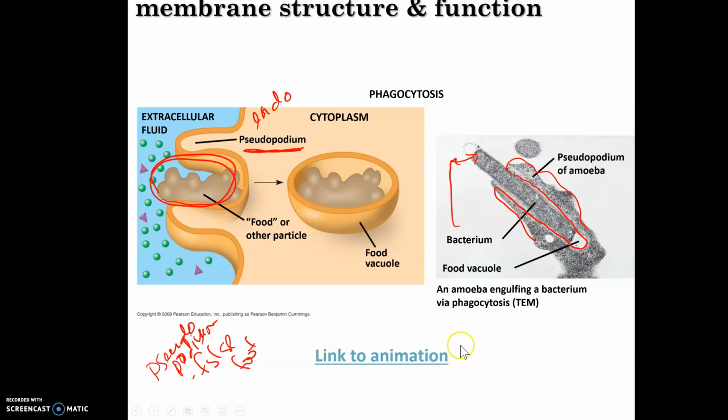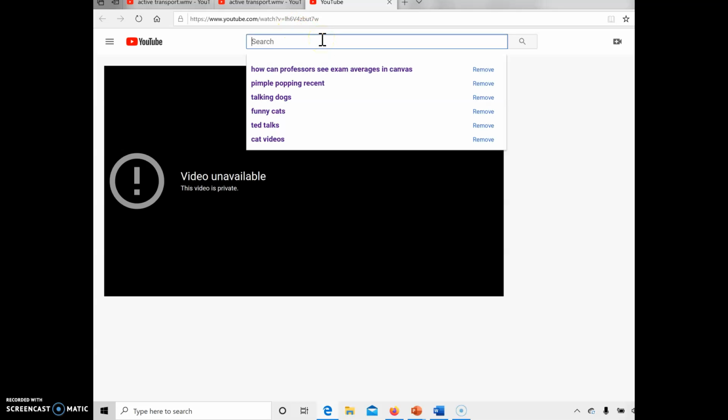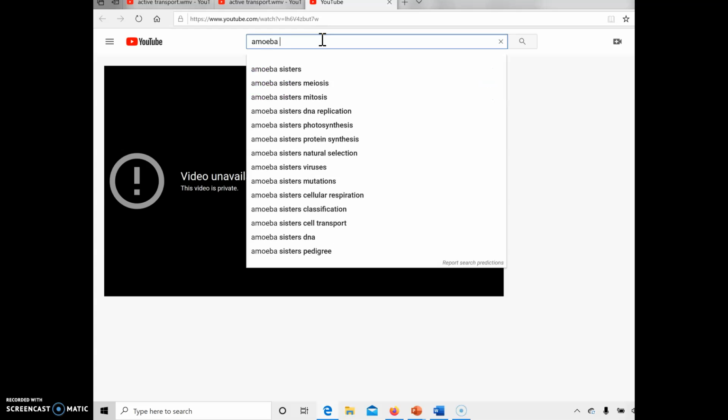Let me see if this animation works. No, okay. All right, let me see if I can get one that works. Amoeba endocytosis. Let's see if we can get something like this.